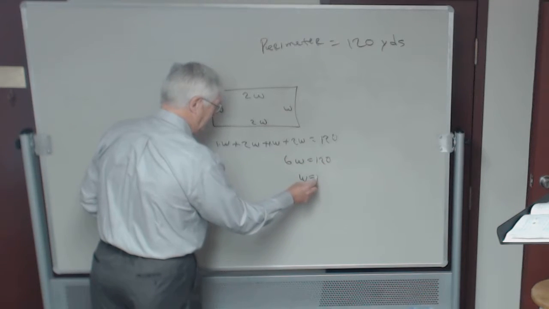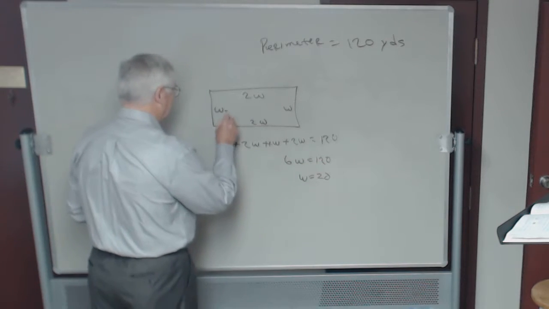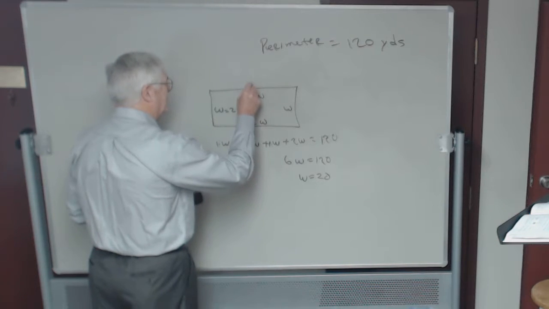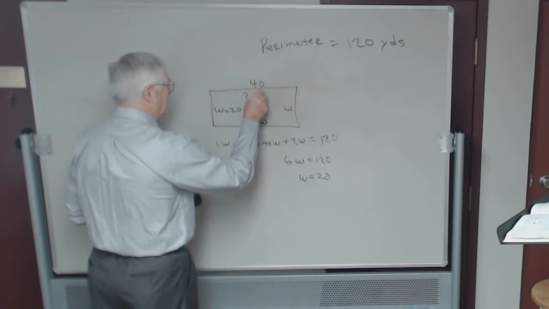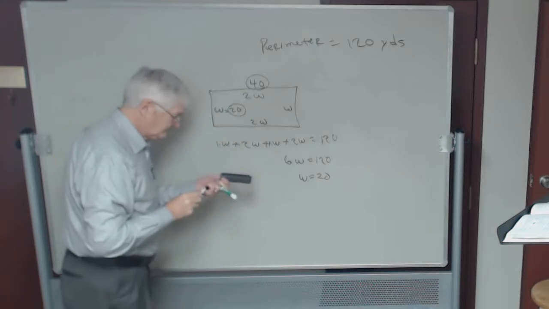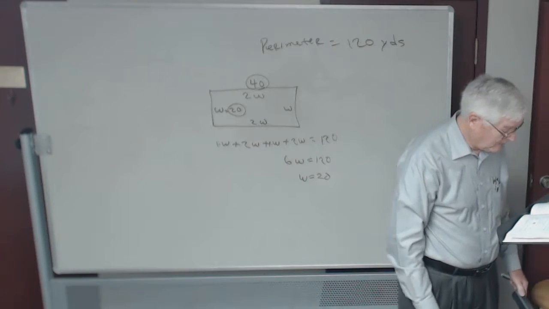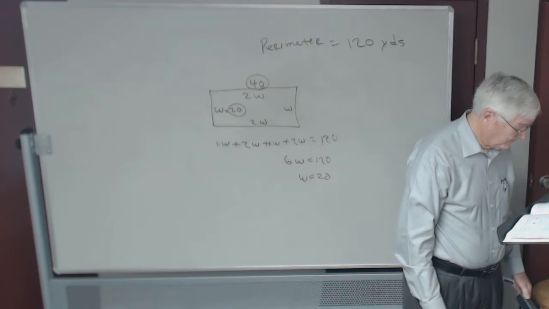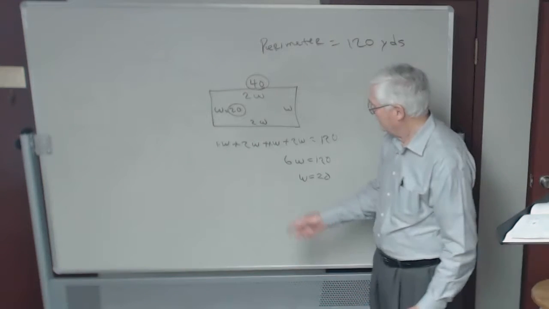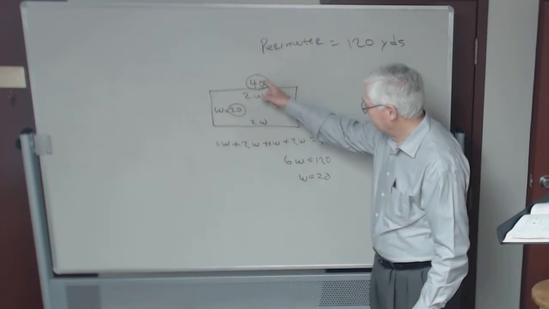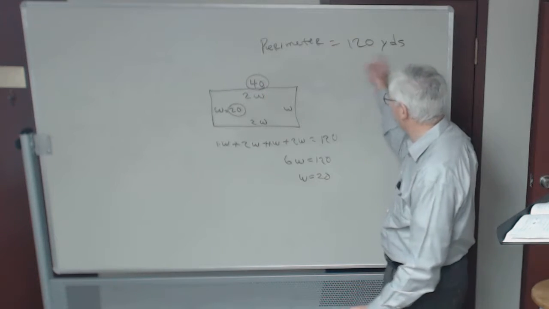So W would be 20. So this is 20. So what's the length? 40. Is that what they want to know? Yep. Well, good for us. And if you want to check it, 20 plus 40 is 60, plus the other 60 is 120 yards.